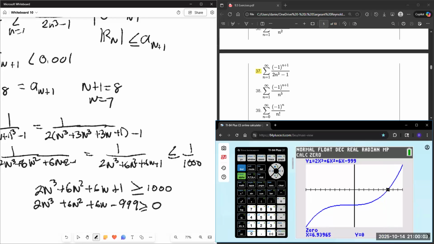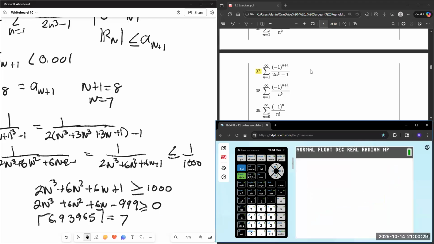And so the next integer is the ceiling of 6.93965, which is going to be 7. So that's another way to find it with help from the calculator.